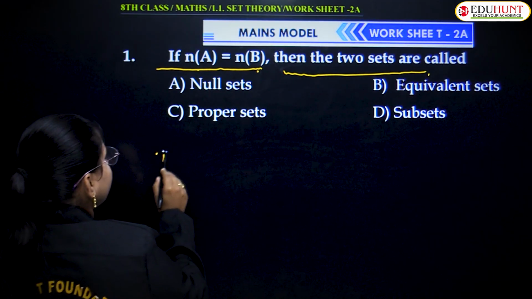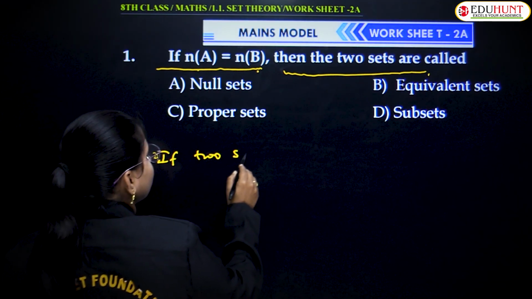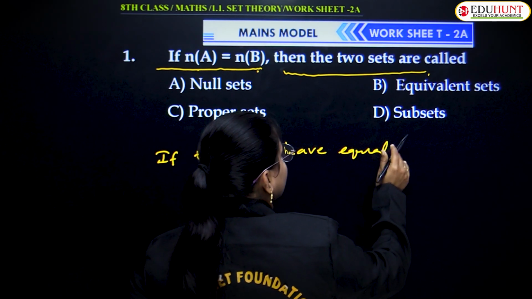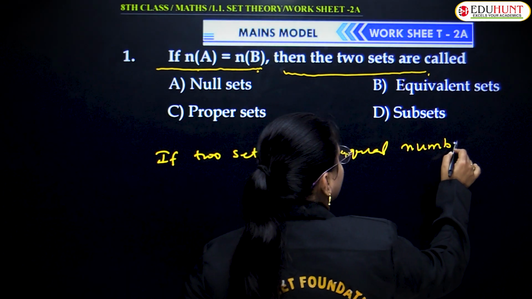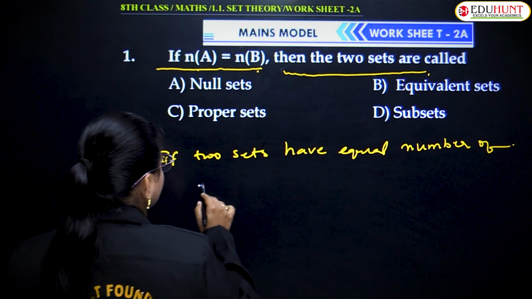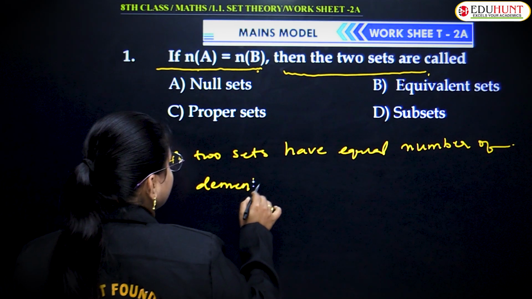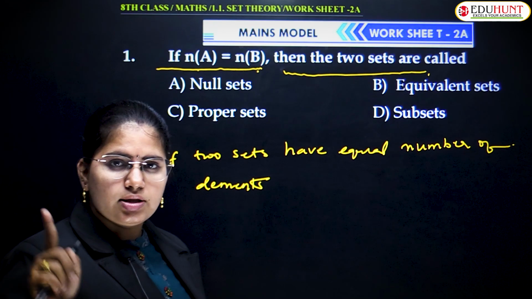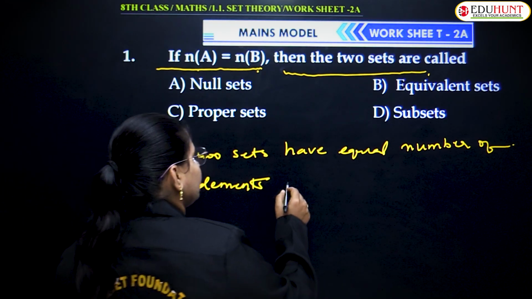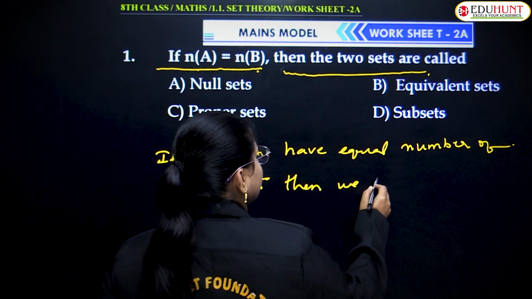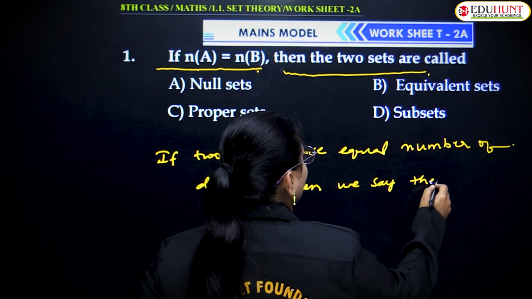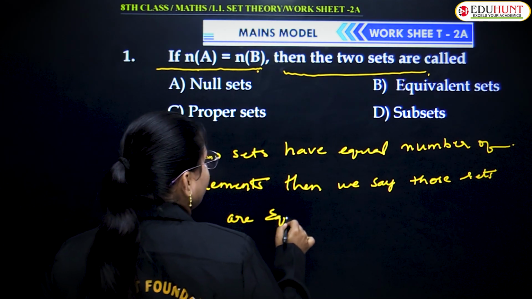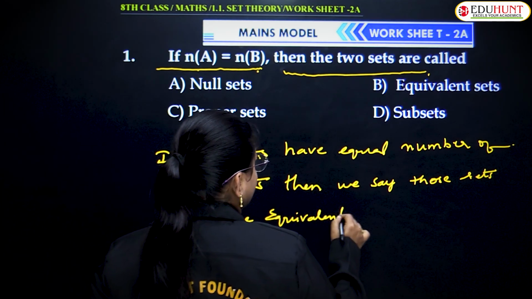I told you, if two sets have an equal number of elements, for example, if set A has 4 elements and set B also has 4 elements, then we say those sets are equivalent sets.